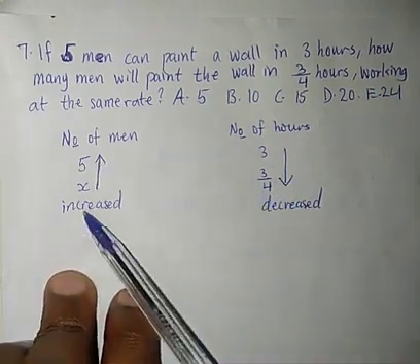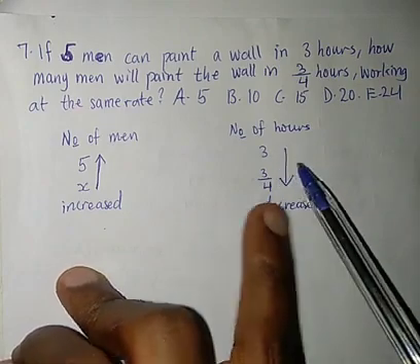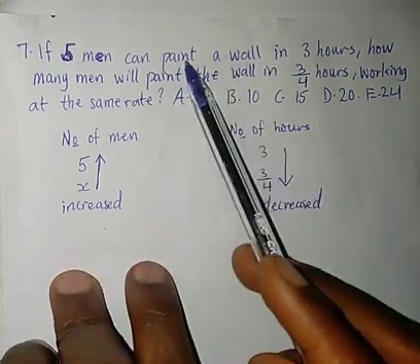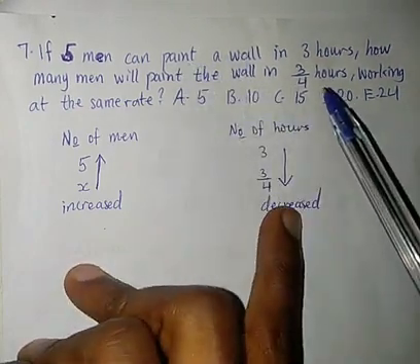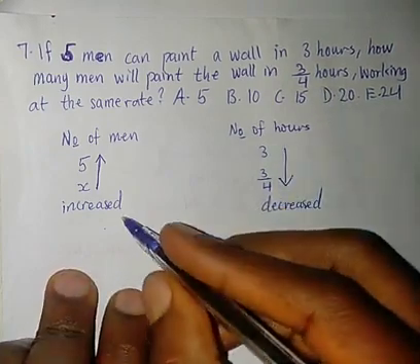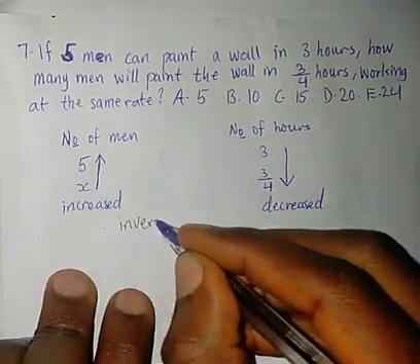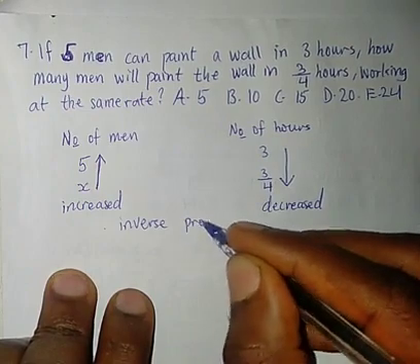The number of men increased, and the number of hours taken for them to paint the wall decreased. Now this is an inverse proportion.